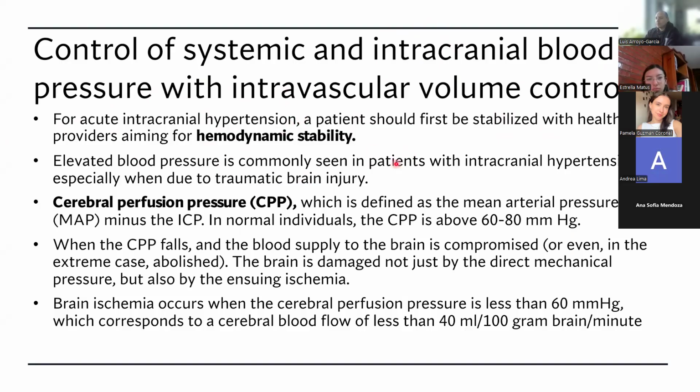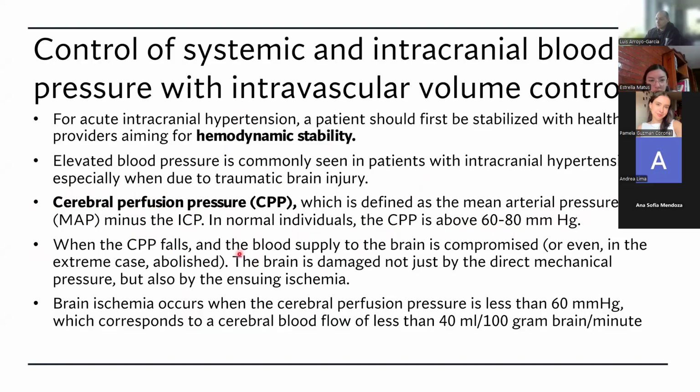we need to first stabilize the patients. So we need to check the cerebral perfusion pressure, which is defined by the mean arterial pressure minus the intracranial pressure. In individuals, the CPP is around 60 to 80 millimeters of mercury.